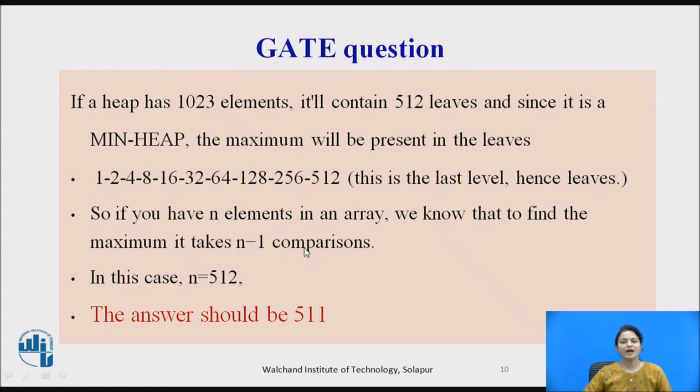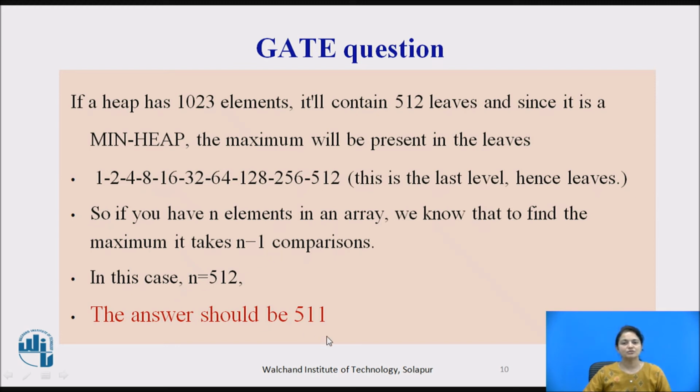If you have n elements in an array, to find the maximum it takes n minus 1 comparisons. Here at the last we have the leaves, so according to that, with 512 leaves, 512 minus 1 comparisons will be there.